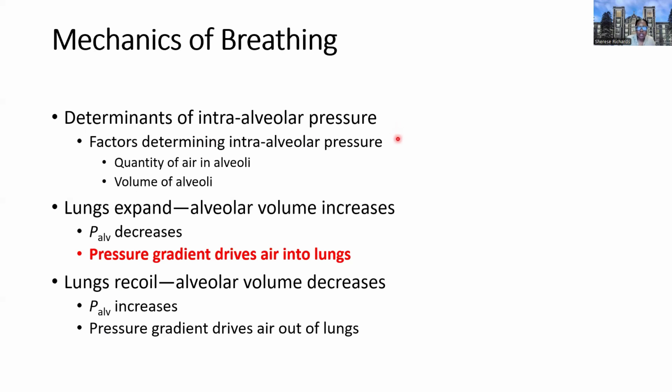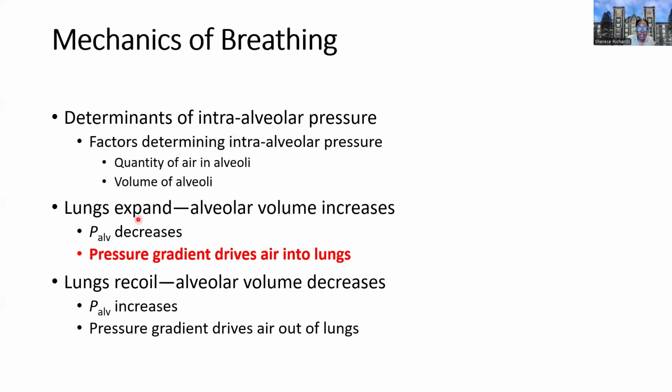So the factors that determine the intraalveolar pressure are the quantity of air, how much air that person is breathing in or how much air already exists inside their alveoli, and the volume of the alveoli, which is determined by the shape of the thoracic cavity. These two factors will manipulate our intraalveolar pressure, make it either smaller or greater than atmospheric pressure, and then that can drive our bulk flow.